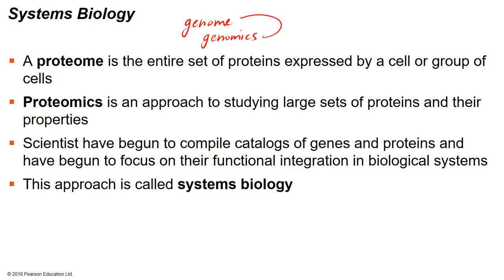Genomics is the study of the genome or the genes in the genome and how these genes interact with each other. Now we have something called the proteome, which represents all the proteins expressed or found inside a cell, or maybe a group of cells, or maybe a tissue. And proteomics is the study of all these proteins and their properties and their interactions. Okay.